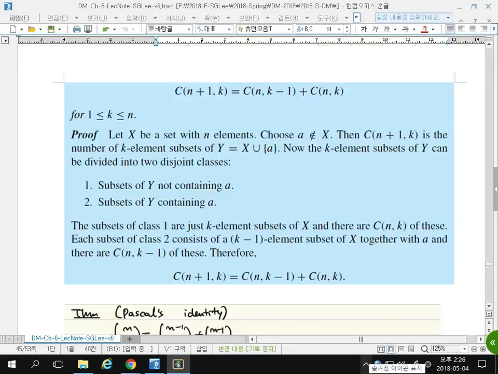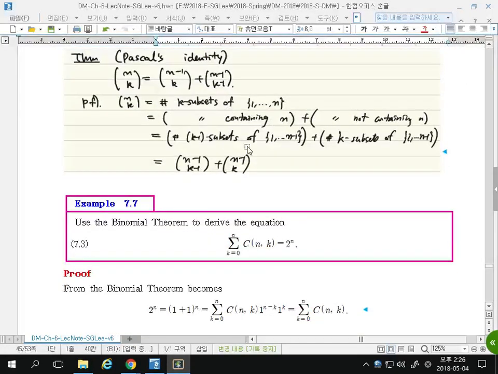Okay, that's the n choose k minus 1 cases. Then the other case is the number of ways that object is not included in the selection. So you exclude that object, then you have n objects left. Then you choose k objects from those n objects. That number is n choose k. Addition of these two cases covers all the cases that you choose k from n plus 1 objects. Okay. That's the proof.